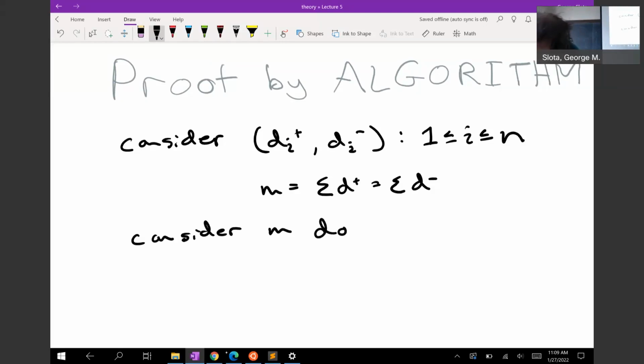Consider m dots. I'm just saying dots. I'm going to change it in the future, I think, if I do this proof again, because I think that's confusing to be considering dots when those dots aren't representing vertices in the context of a proof by algorithm for constructing a realization of a graph. I disagree with this terminology, but I'm sticking to it because that's what we got.